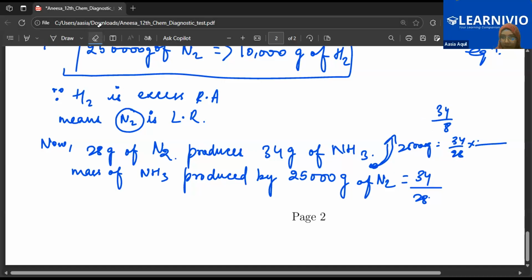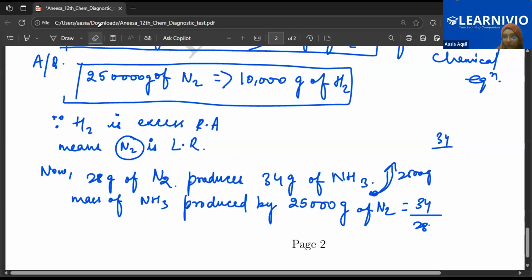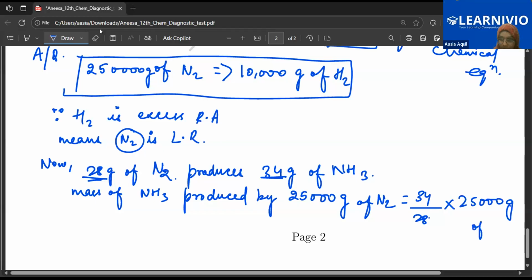So the mass of ammonia produced by 25,000 gram of nitrogen will be 34 divided by 28 into 25,000, right? This is all about the ammonia. Now just calculate this.